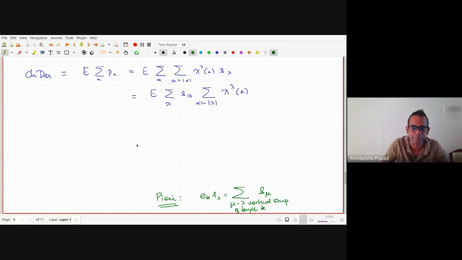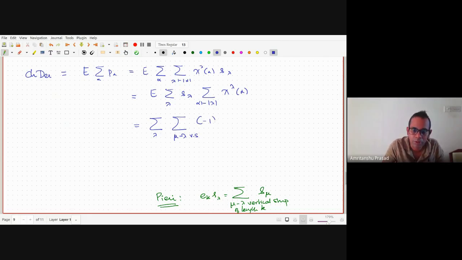for E. So if you now apply that, then what you get is the summation over lambda, then the summation over mu such that mu minus lambda is a vertical strip, and I'll just write VS to indicate a vertical strip.